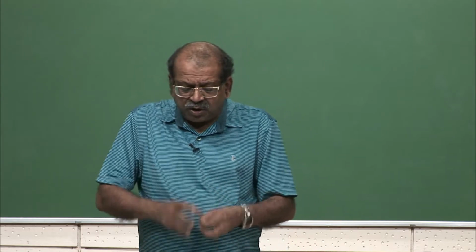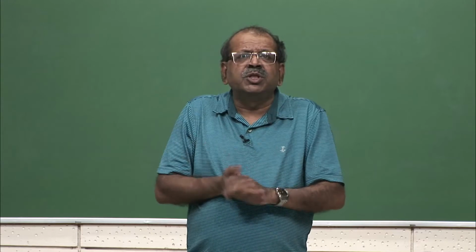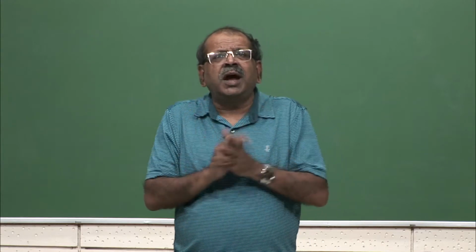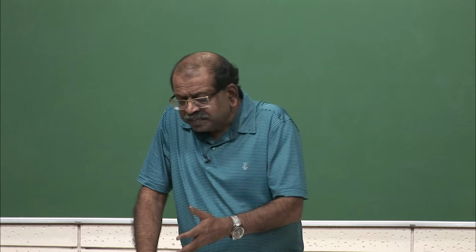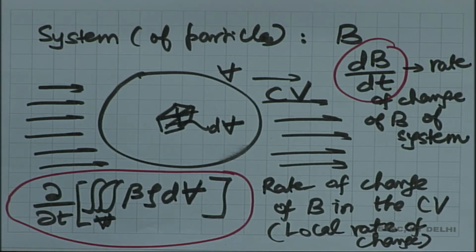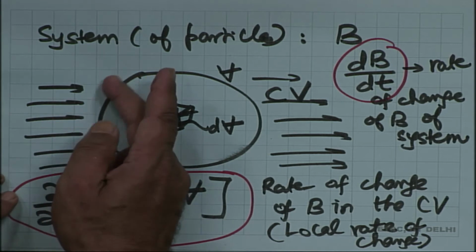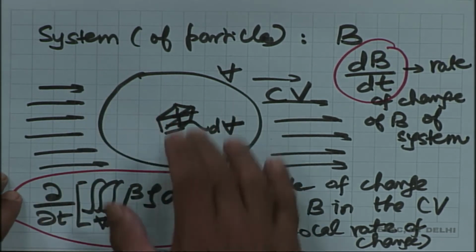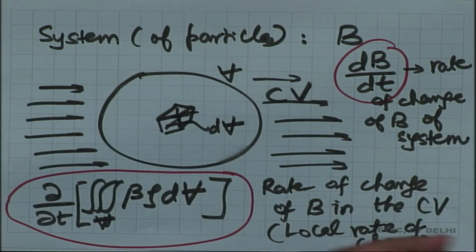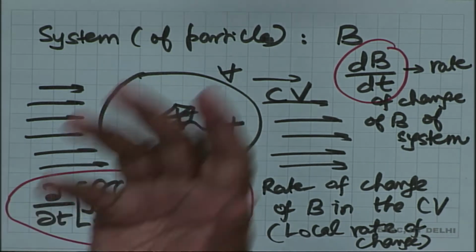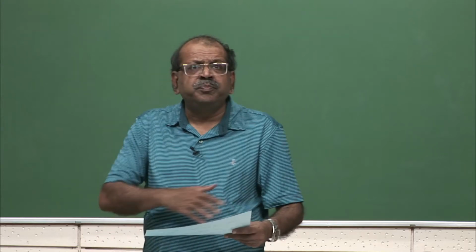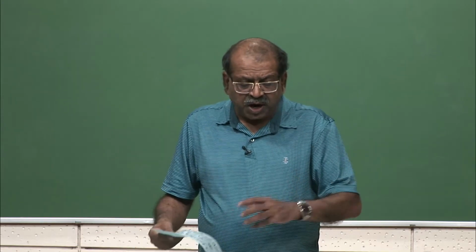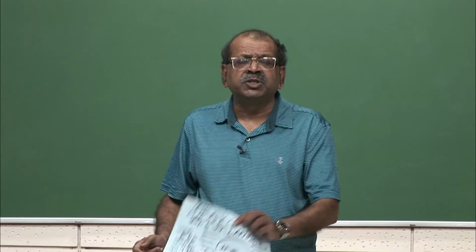One is whatever locally is changing within the volume. Other than that, what will change the property B of this control volume? That change will be caused by the particles which are coming in the control volume and the particles which are leaving, because they will carry with them certain B. And this transport of B through the boundaries, once we account for that, we will get a relation between these two quantities.